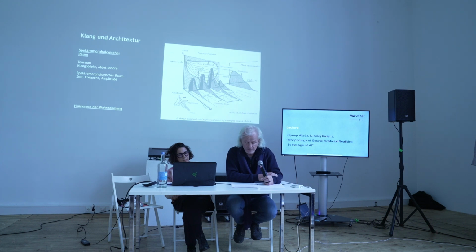Schaeffer places the noise, the sound of the everyday or the urban sounds, which were also used in Musique Concrète, and calls it the sound object, the objet sonore. He explains the properties of this object with the morphology of the spectral representation. That's why it's called the spectromorphological space.